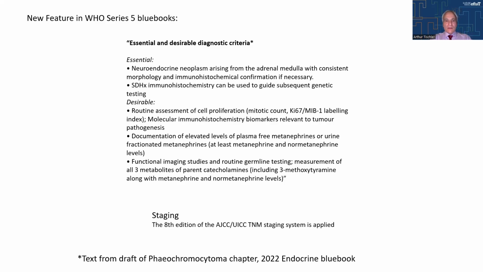Finally, functional imaging studies and routine germline testing, including measurement of all three metabolites of parent catecholamines, including 3-methoxytyramine, which is produced by dopamine-producing tumors as a dopamine metabolite, and dopamine is often the predominant metabolite of SDHX-mutated tumors. In addition, it's recommended that tumors be staged according to the 8th edition of the AJCC staging manual.